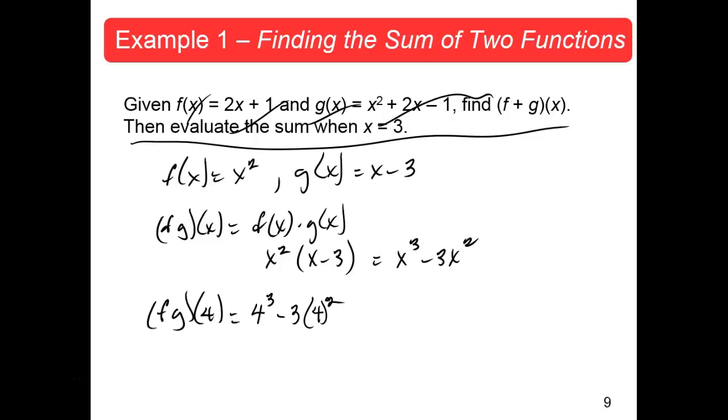Same type principle. What does this give you, by the way? 4 cubed is 64, minus 48. Very good. And what's that? 16. Very good. How'd they do? Oh, they got it right too. Good for them.